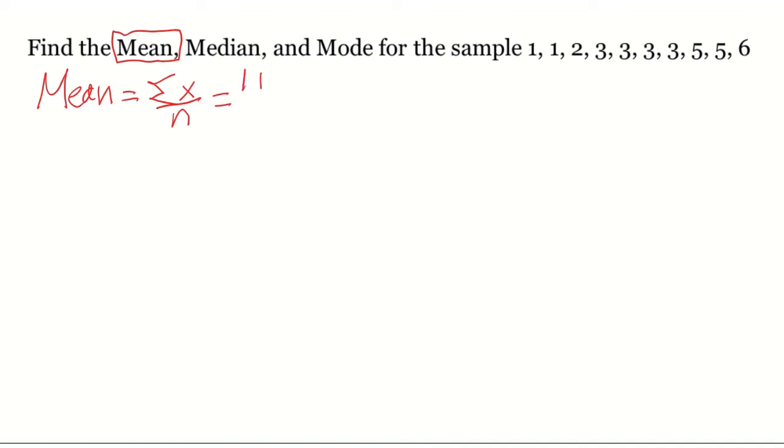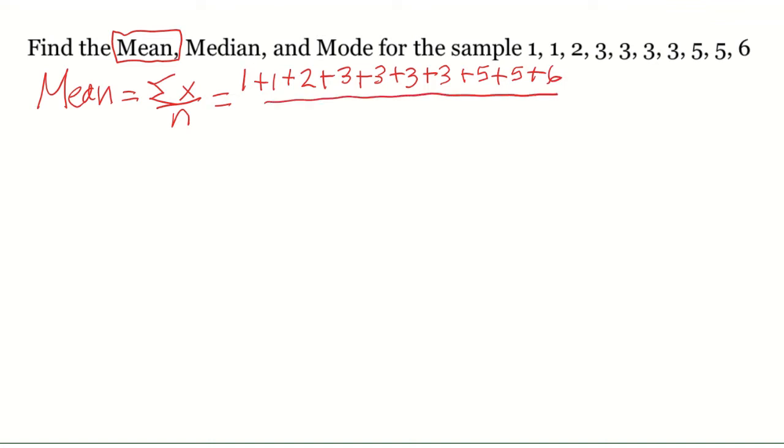So that's going to be 1 plus 1 plus 2 plus 3 plus 3 plus 3 plus 3 plus 5 plus 5 plus 6, all divided by the sample size.